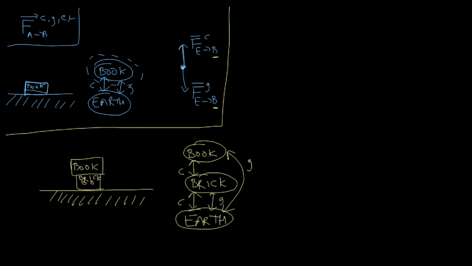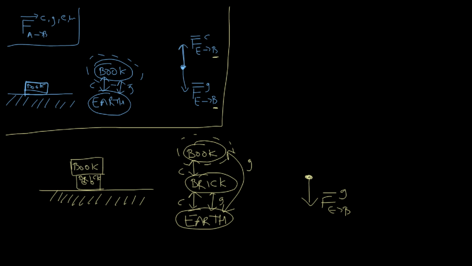Okay. Now, if I choose the system to be the book, again, so this is the system, I will draw the force diagram in the following way. I have a gravitational interaction between the earth and the book, so I have a force, and this is a gravitational force from the earth on the book. Now, it is not the earth in contact with the book, but it is the brick that is in contact with the book.